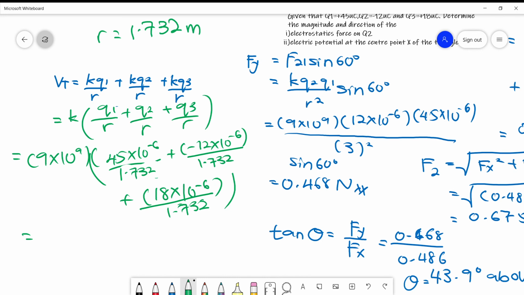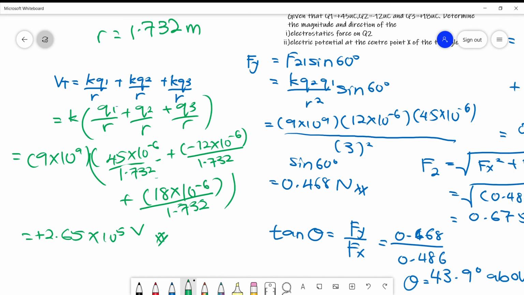I hope this time it is correct. Alright, finally, this is positive 2.65 times 10 to the power 5 volts. So this one should be the correct answer. Such a simple question, and it takes too long for me.